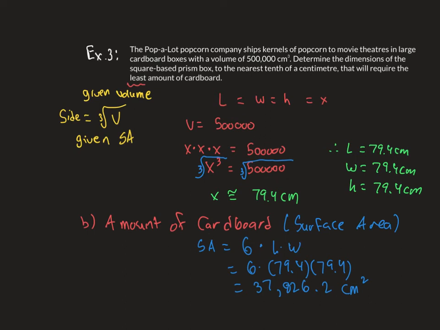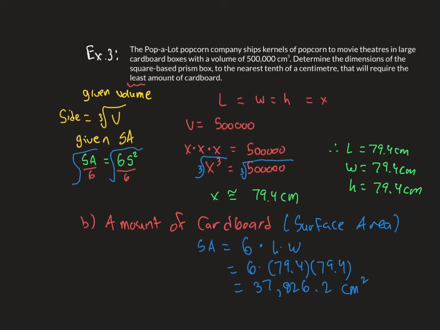Then, instead, what you're going to have to do is take this formula. If you're looking for your side, surface area is equal to 6 times S squared. Let's use S for side. Then I'm going to have to get the S by itself. So divide both sides by 6. And to get rid of the squared, I'm going to have to take the square root of both sides.